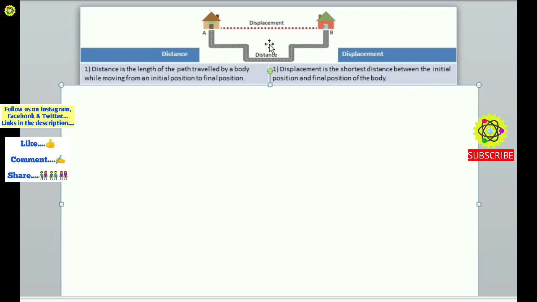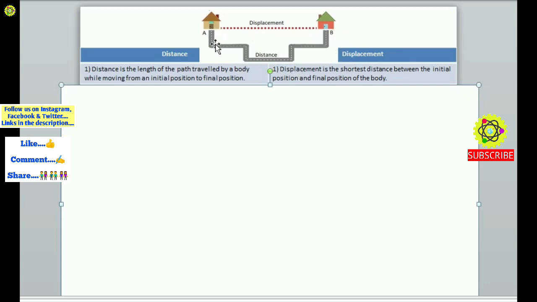So here in this diagram, this is the A house and this is the B house, and to reach the B house we need to go through this road which is in gray color, as you can see here.